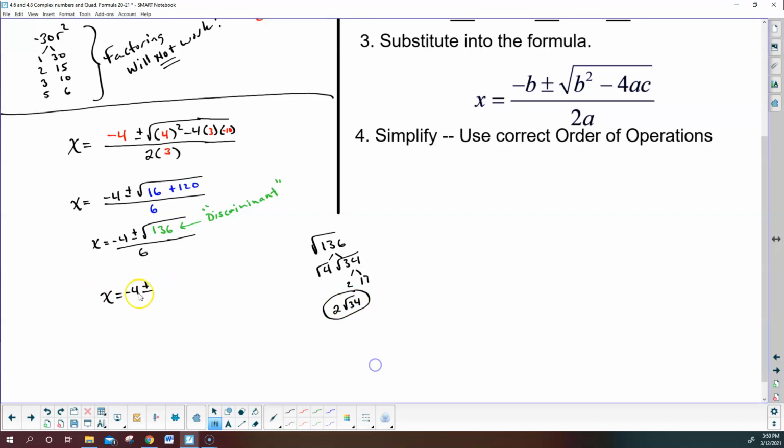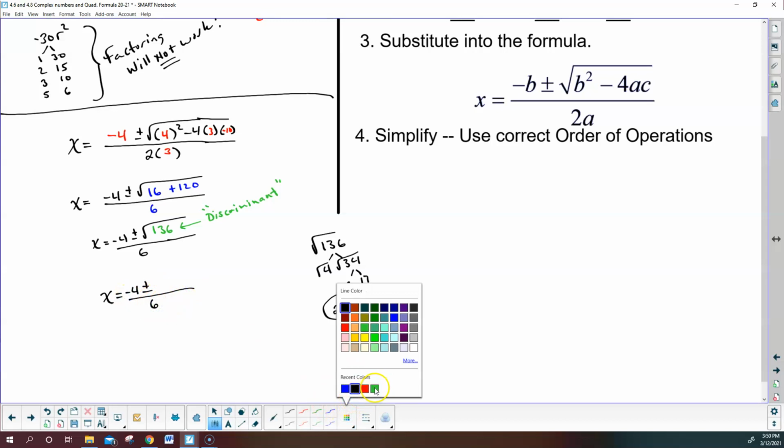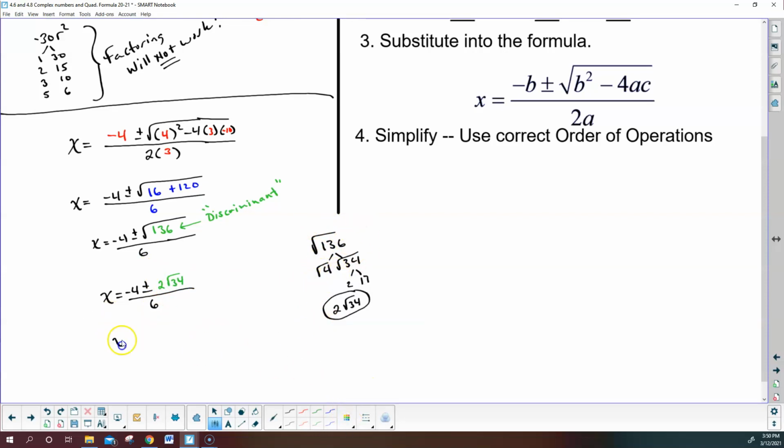And that might take some practice for you to become really comfortable with that. We just reduce the radical just like we did in geometry. And now kind of a tricky thing. We want everything to be divided by 6, but notice 6 doesn't go into 4 evenly and it doesn't go into 2 evenly.